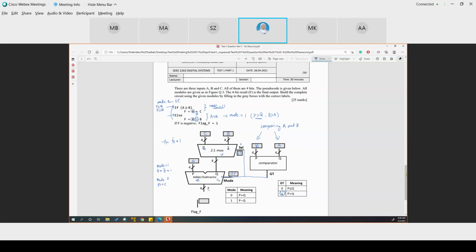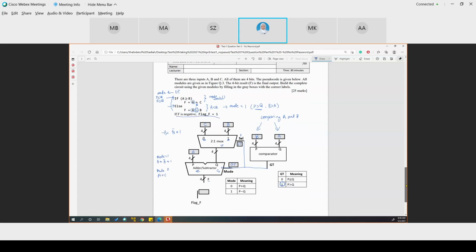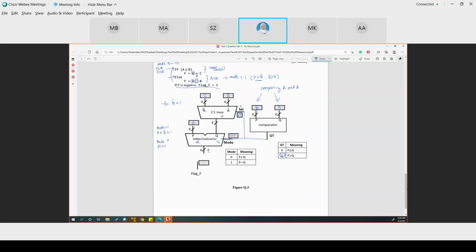And then the output is F. If F is negative, flag F is 1. When F is negative, flag F is 1. So to know a negative number, we have to check the MSB.